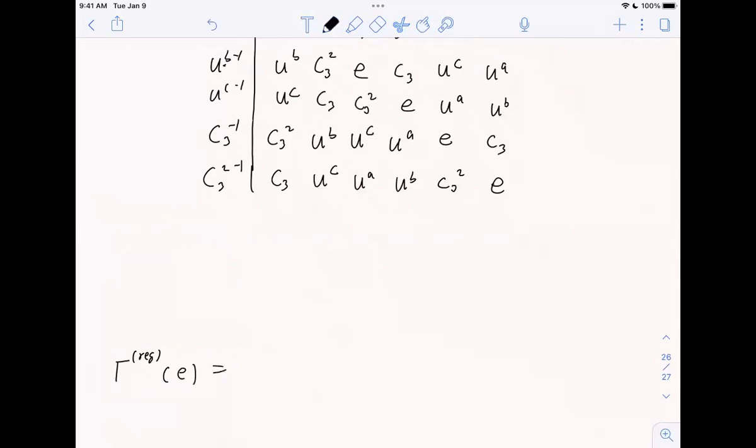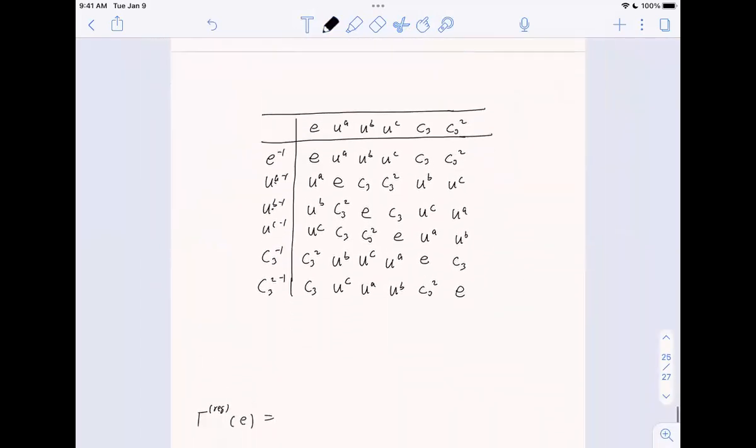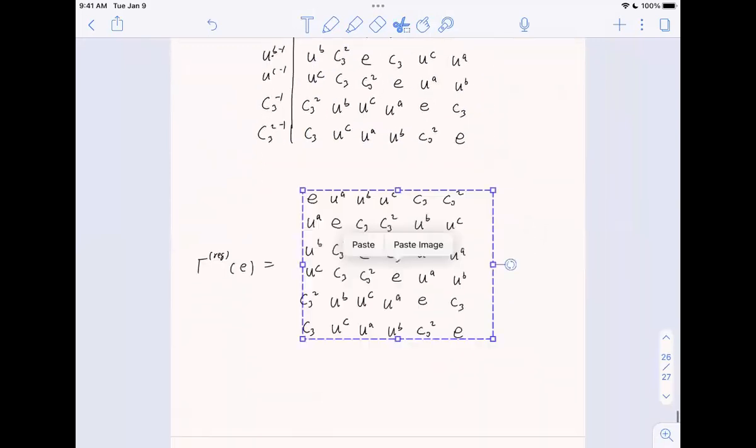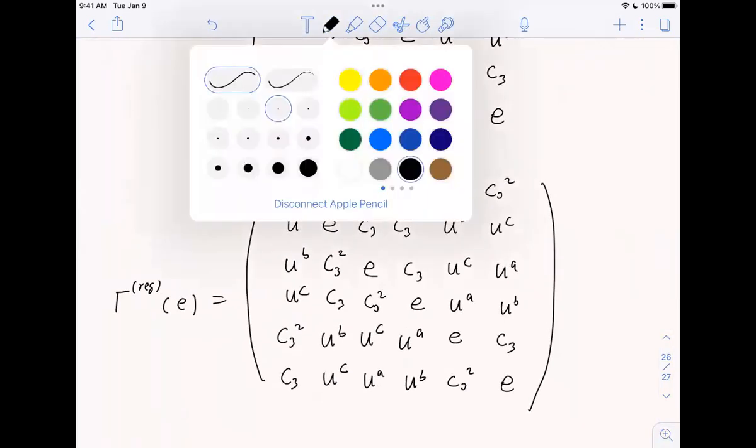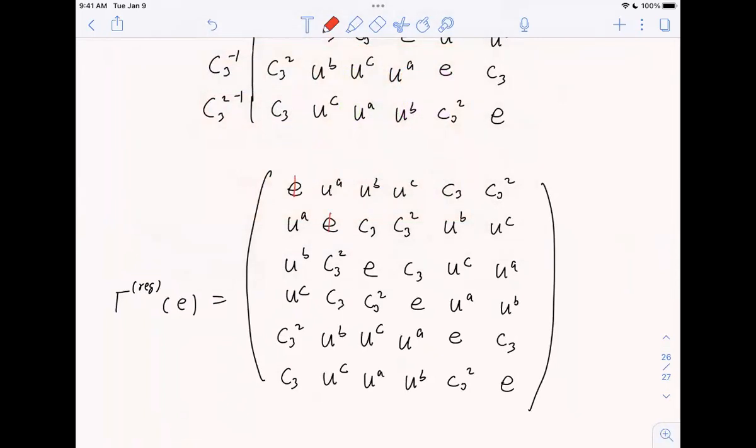You just copy this whole thing. And then whenever you see an E, you make it 1, and all the others, you make them 0.